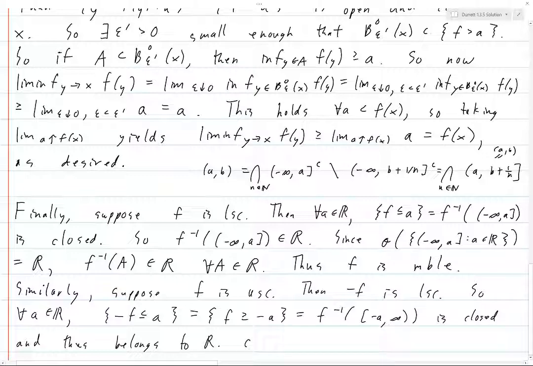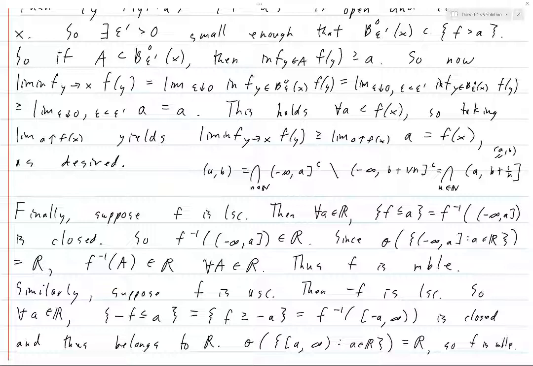But then the sigma algebra generated by all of these types of intervals is, for almost the same exact reason as before, the Borel sigma algebra. And so f is measurable because the inverse image of a generating set belongs to the sigma algebra, and so the inverse image of the sigma algebra belongs to the sigma algebra.